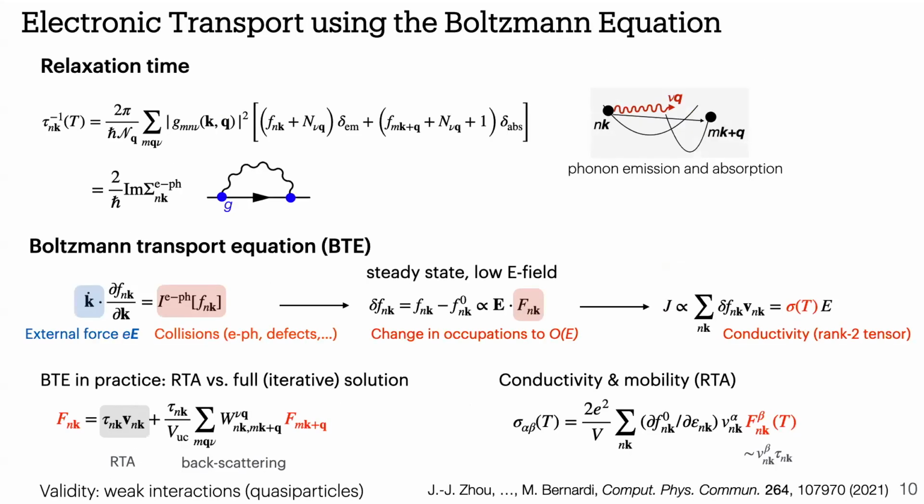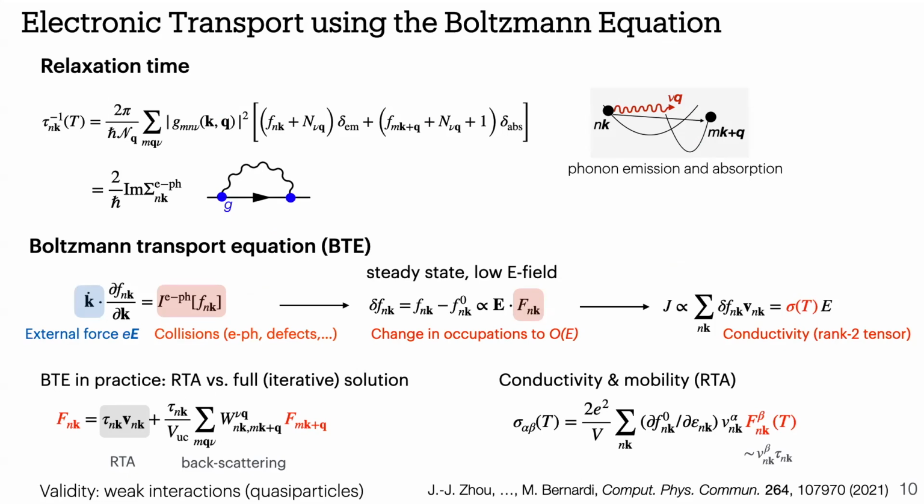Okay, so now I will cover the basic formalism, which will be described in more detail in one of the theory lectures this morning. So one of the main innovations from this entire enterprise of electron-phonon codes is basically computing the relaxation time for each electronic state.